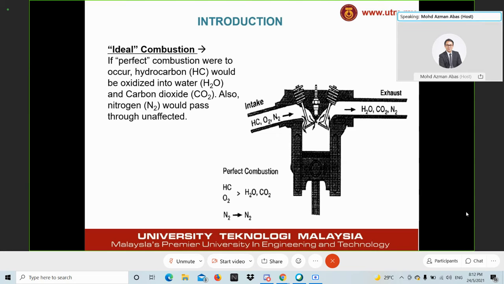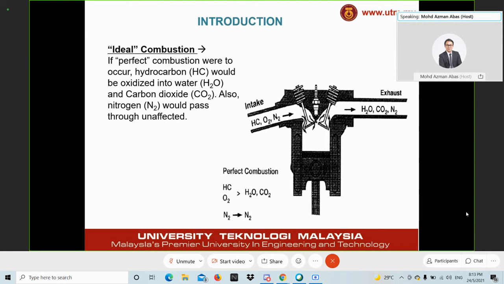In other words, if the hydrocarbon or the fuel goes into combustion, it is 100% converted into water and carbon dioxide. During that combustion process, the nitrogen, which is included in the air that passes through the combustion chamber, isn't affected at all after the combustion and explosion happen.